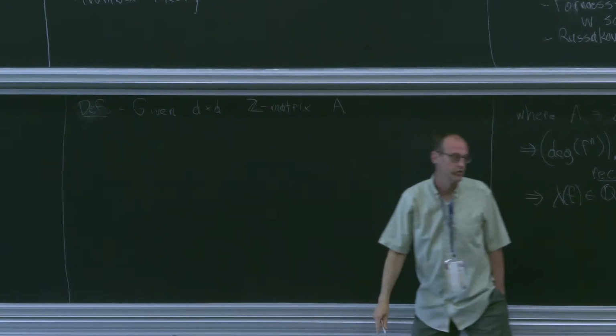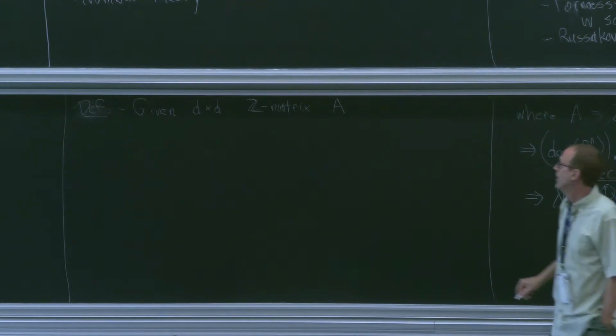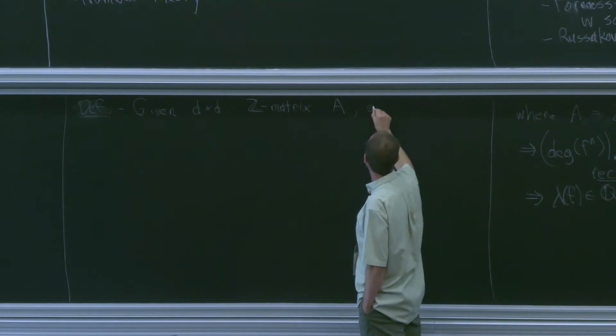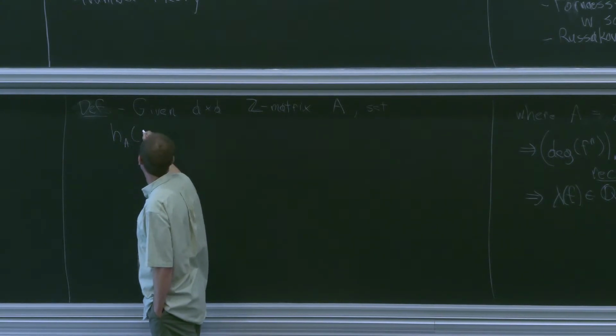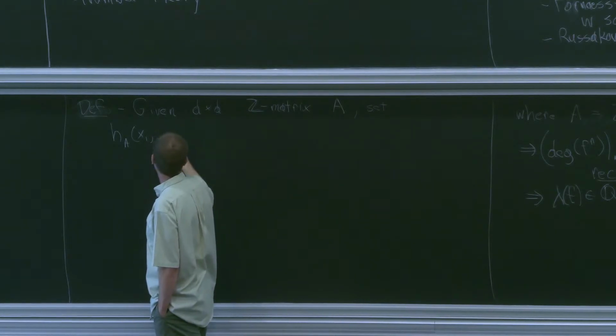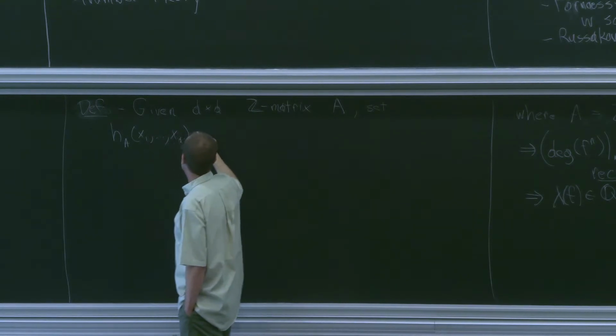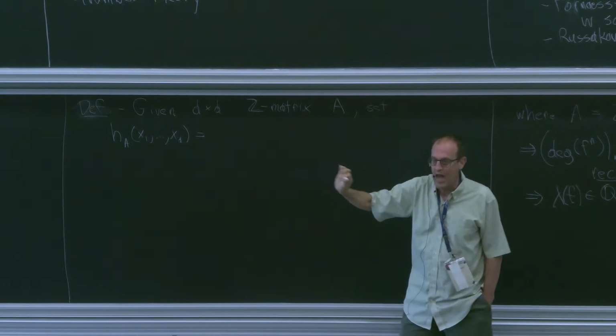Given an integer square matrix A, I'm going to set h_A of x1 through xd equals essentially x to the A, all right?